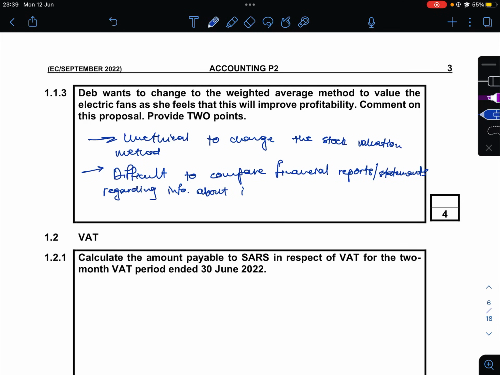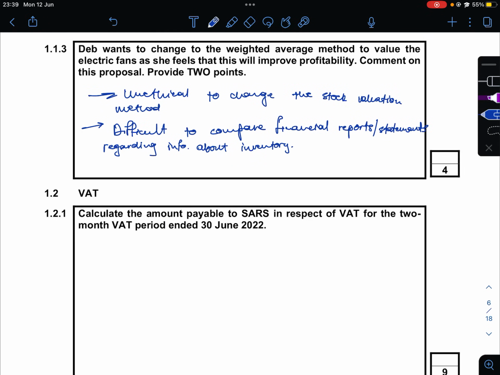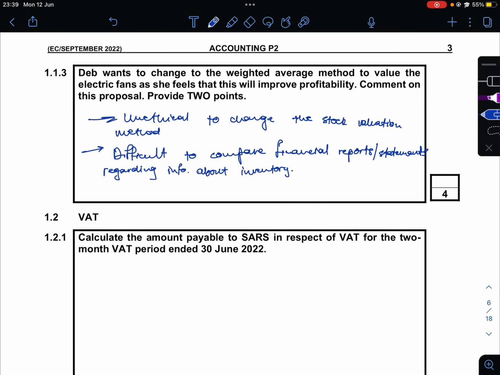Oh, my English, inventory. Right, okay. So now we move swiftly to 1.2.